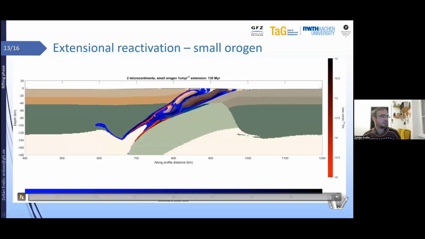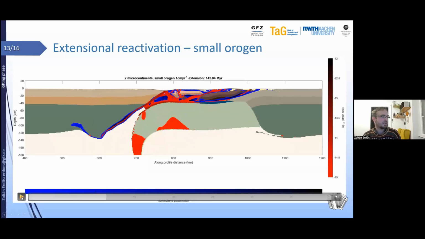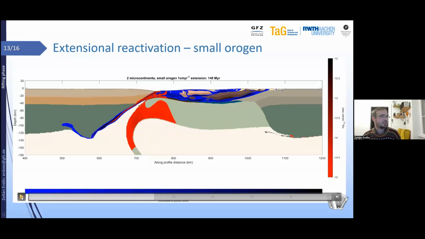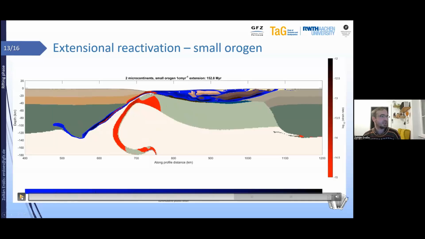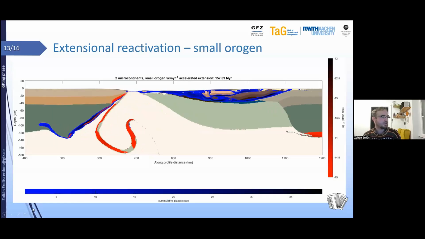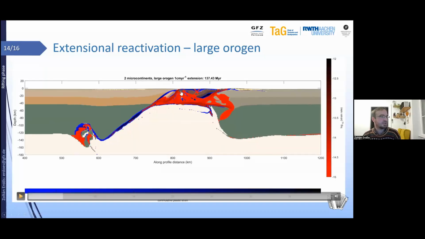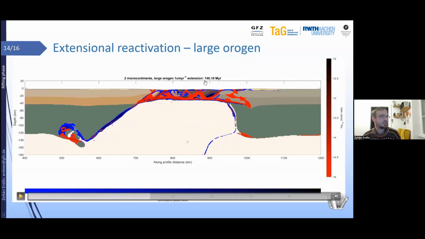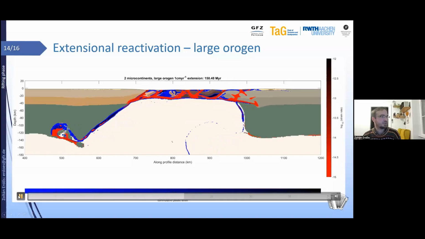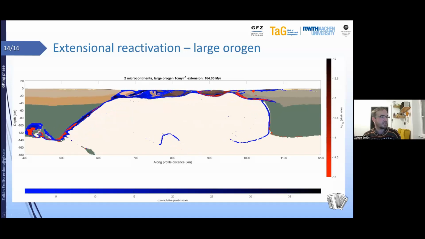So again, looking at it, here I have blue as the cumulative strain, red is what is actively deforming at the time. You can see that mostly I'm reactivating deformation zones that have been active before. So deformation strongly localizes on inherited structures, while in the large orogen model, you can see that deformation happens in a lot of places where it has not experienced compressional deformation, it has not experienced shortening, but this is new deformation that is forming and deforming these models.